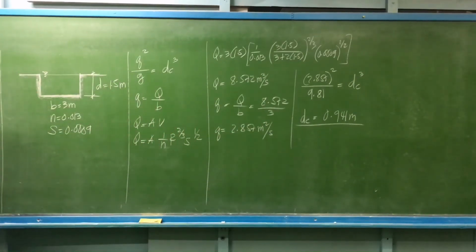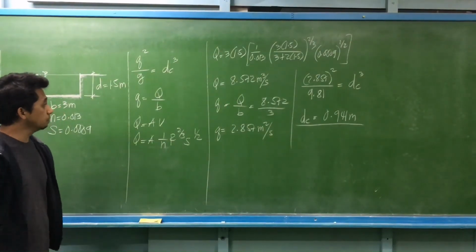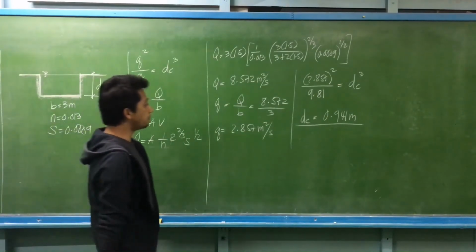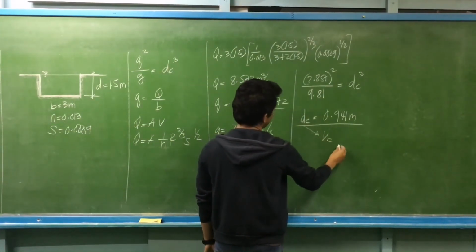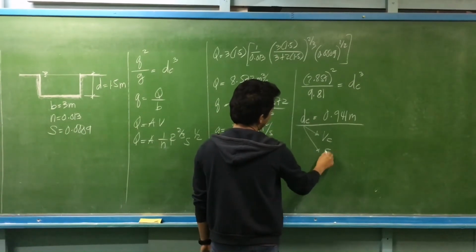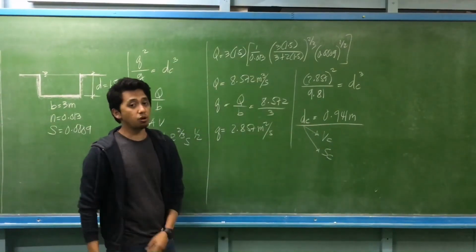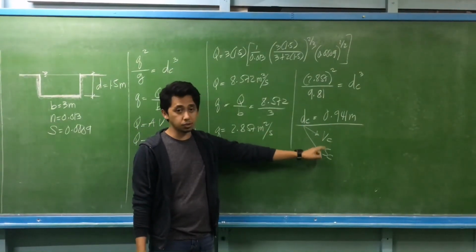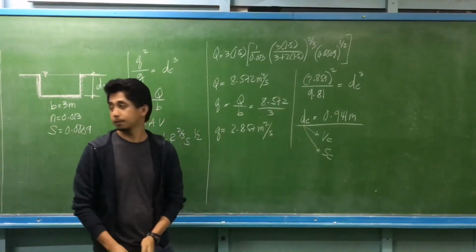So maximum discharge, but minimum specific energy. So using this critical depth, you can compute for the critical velocity, or you can have the critical slope. As long as you are using the critical depth, all the values involved, for example the critical velocity and critical slope, will be critical values.